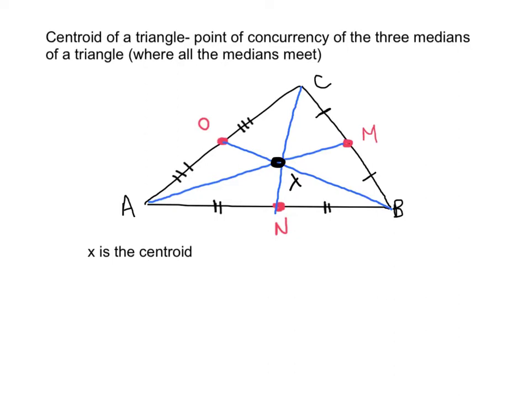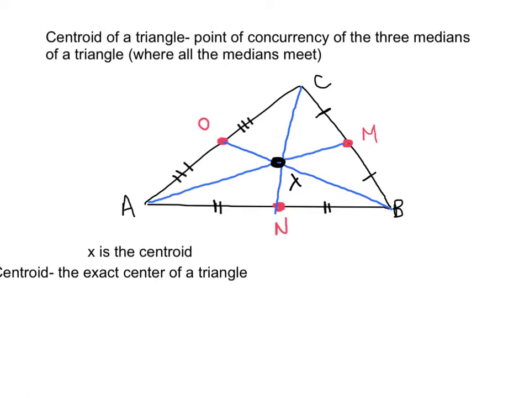In addition to being a centroid and there's only one, you might want to also know what exactly a centroid is. The centroid is the exact center of a triangle. What does that mean?